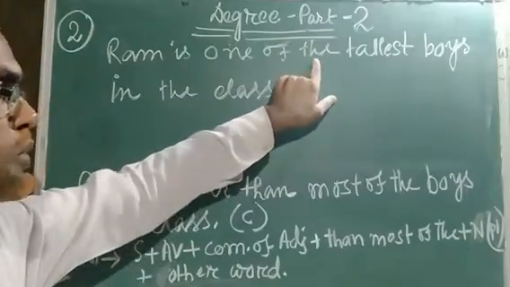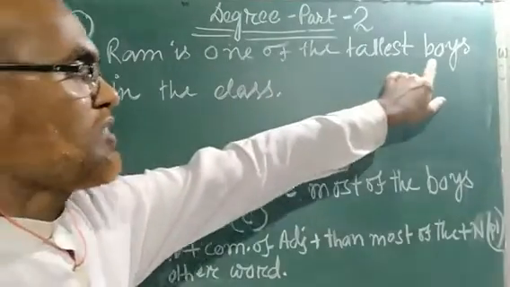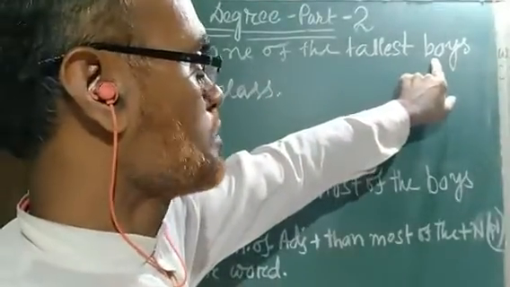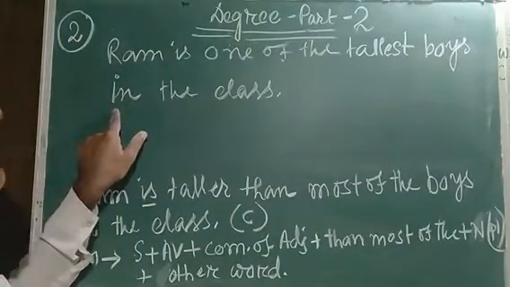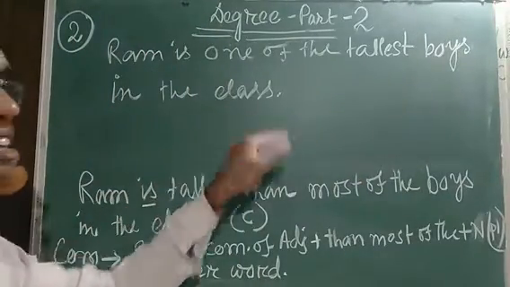"The" is used before the superlative degree. After that, the noun is in plural form, and the last part, "in the class", is the "other word".